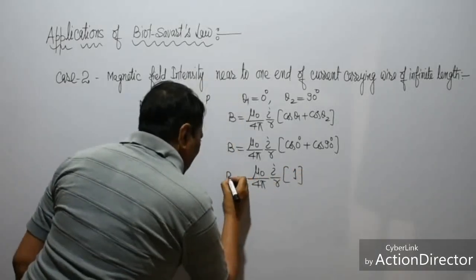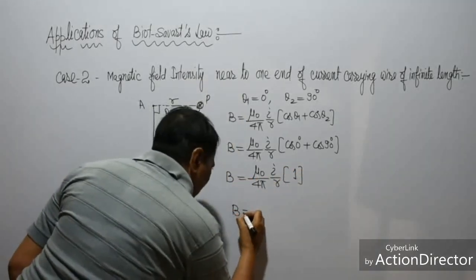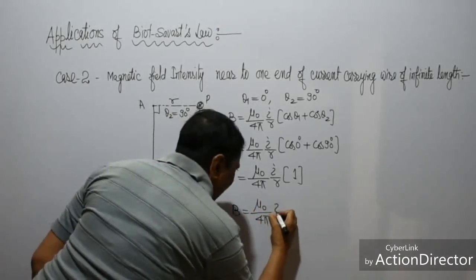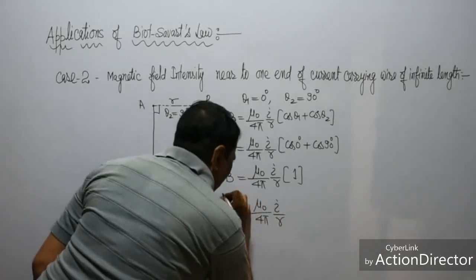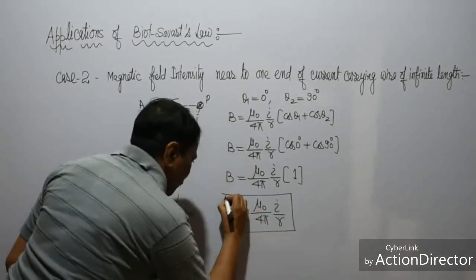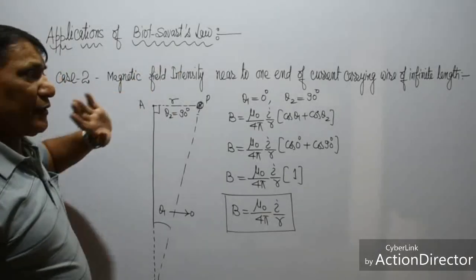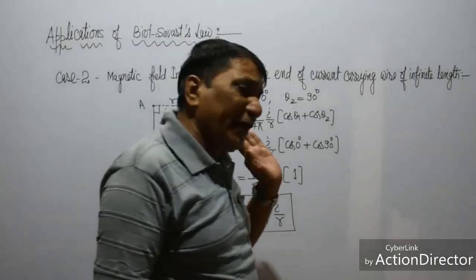So finally we have B equal to mu 0 upon 4 pi I upon r. That will be the magnetic field intensity at one end of a current carrying wire of infinite length.